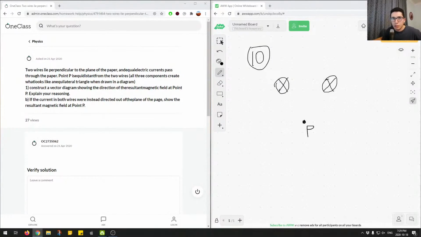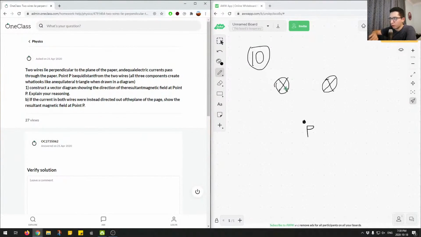Essentially, to figure out the direction of the magnetic field, what we'd have to do is use the right-hand rule. To do this, you take your right hand, and when you're looking at, let's say this, you would point your thumb into the page and look at where your fingers are rotating.